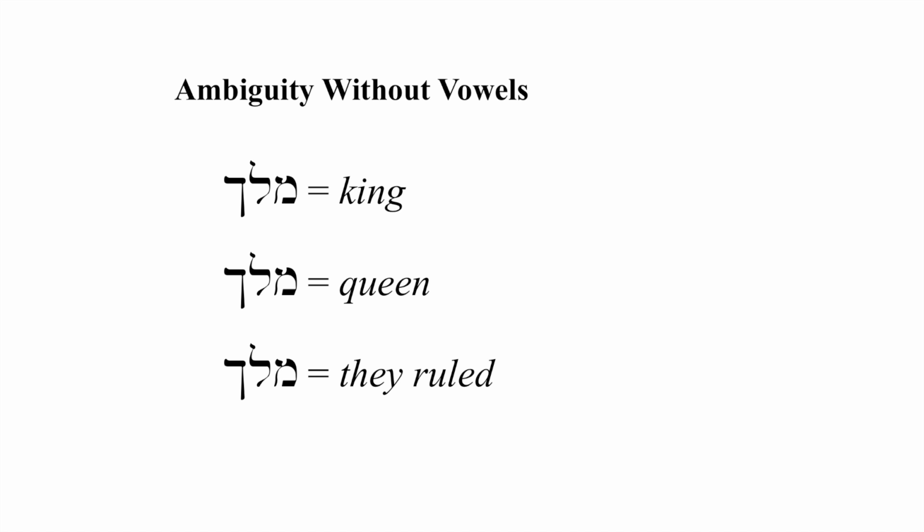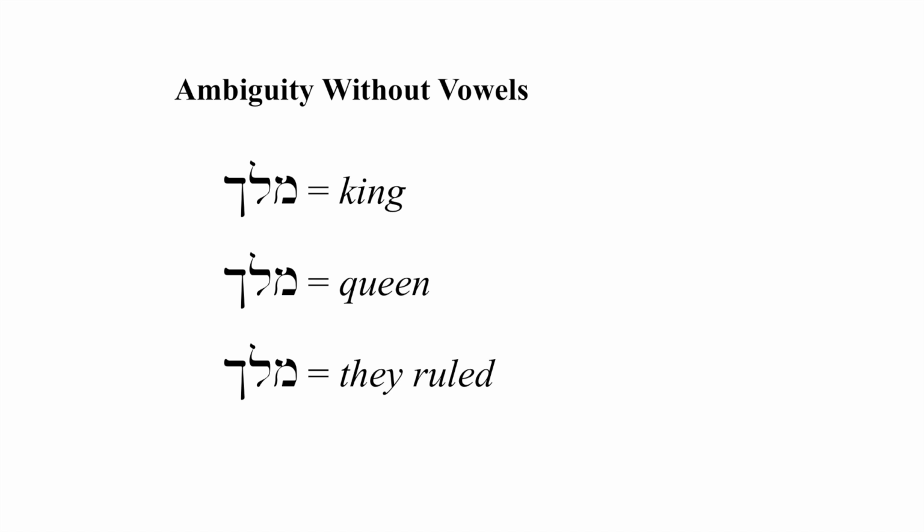That process begins when you look at the ambiguity that exists with certain Hebrew words. For example, the letters mem, lamed, and kaf can have several different meanings. Mem, lamed, kaf can mean king. Mem, lamed, kaf can mean queen. And mem, lamed, kaf can mean they ruled. And yet those three letters are not pronounced the same in each of those examples.